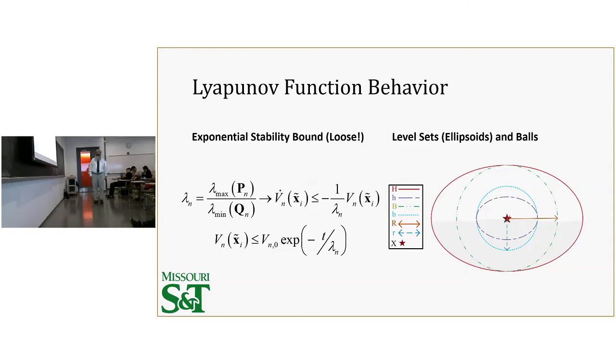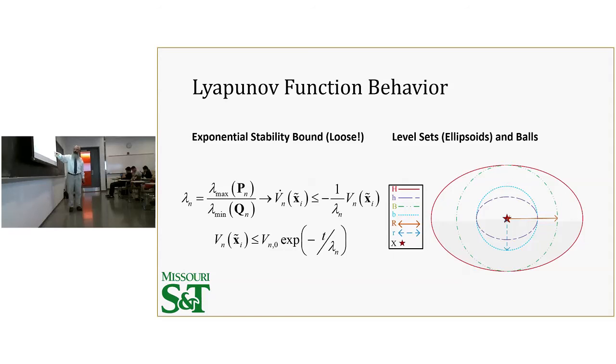Okay, so now we're looking at just one of those modes. So here's that small ball and big ball of the other slide. The smaller ball is circumscribed around this level set. The larger ball is inscribed in this level set.